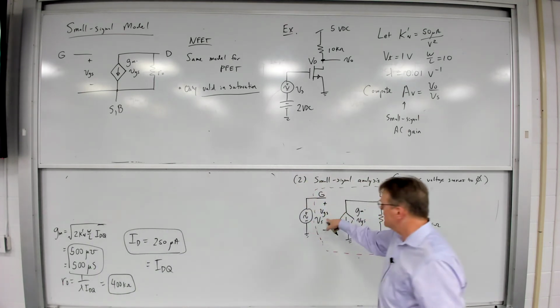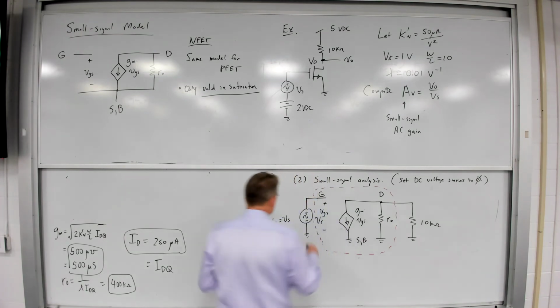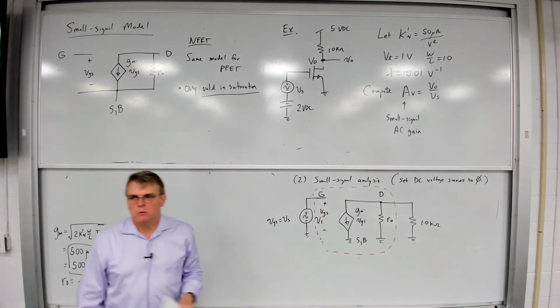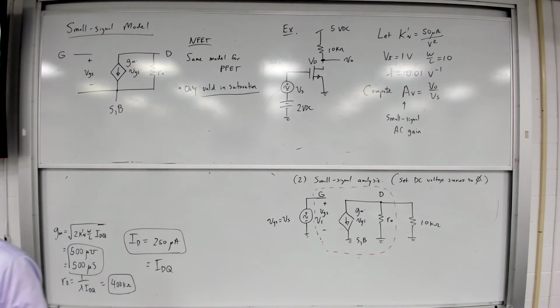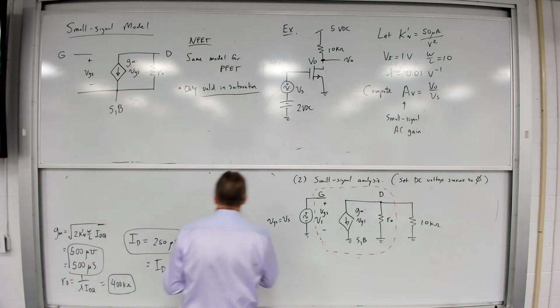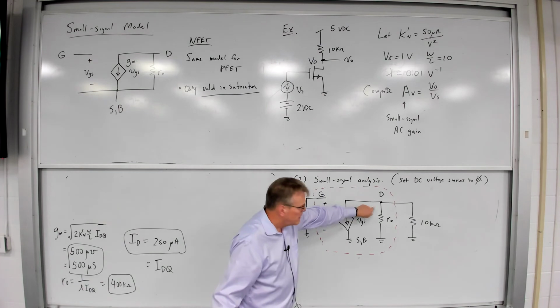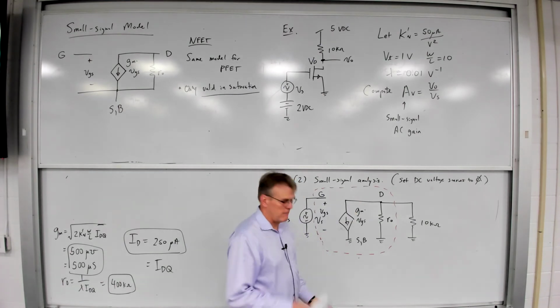Well, by inspection, VGS is just equal to our signal source, V sub S. Same voltage, obviously. All right. We do a KCL. The only place I can write a KCL equation is at that drain node. Let's do that.